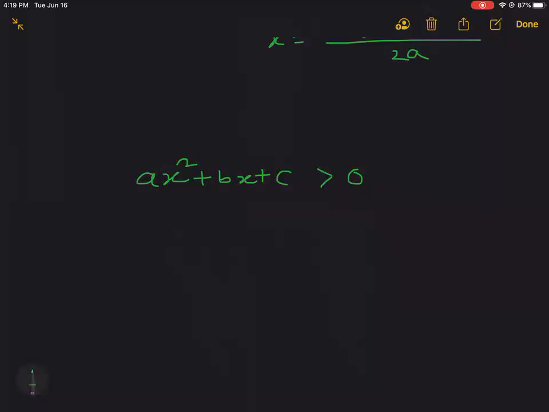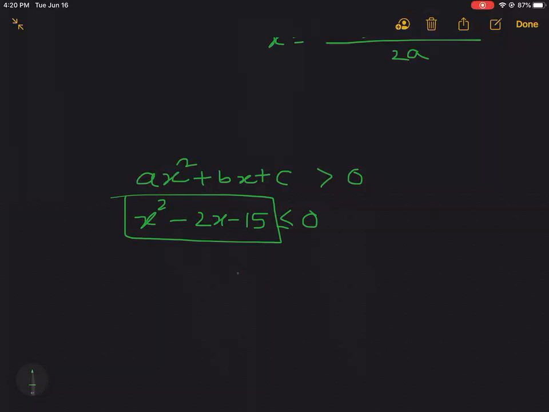So what I'll do is take an example straight away so that it makes more sense to you guys. Of this format, let me take the same example, x squared minus 2x minus 15, which is less than or equal to 0. Now, as I said, first of all, we'll graph this function.